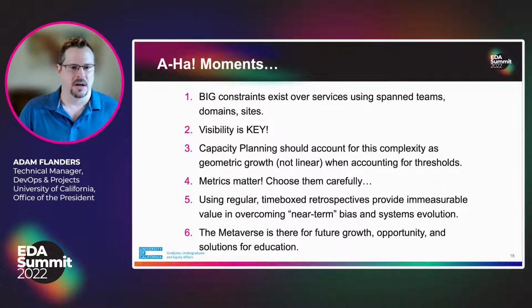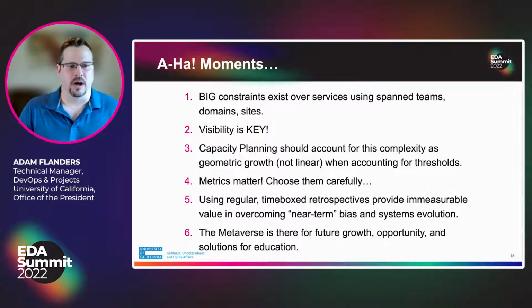Things like message errors can really add up quickly, especially the more critical messages that may be coming across. So take that into account. Number 4, metrics do matter, of course. When you're marching towards your key performance indicators, that ultimately determines your success. So choose those very carefully.